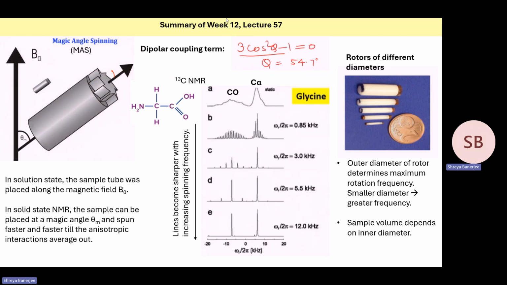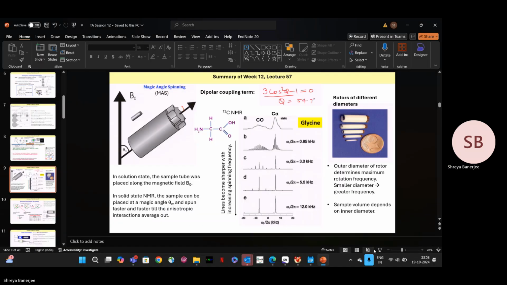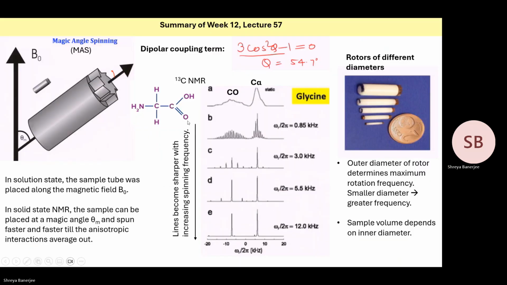One is this C alpha, another is this CO attached to O. So there are two carbons here, 1 and 2. Indeed, you can see two very broad peaks belonging to this C alpha and CO.